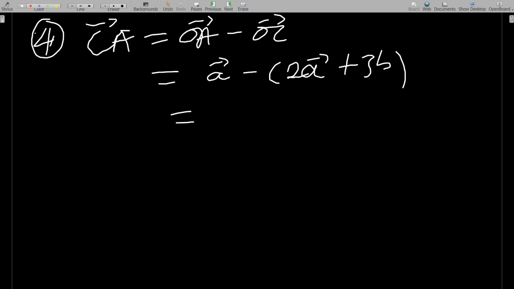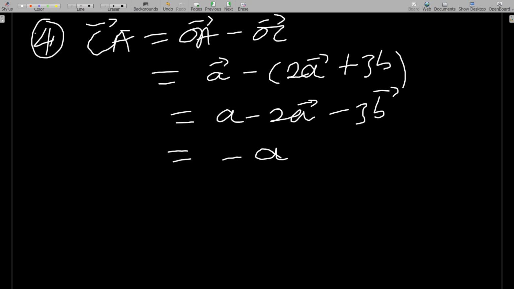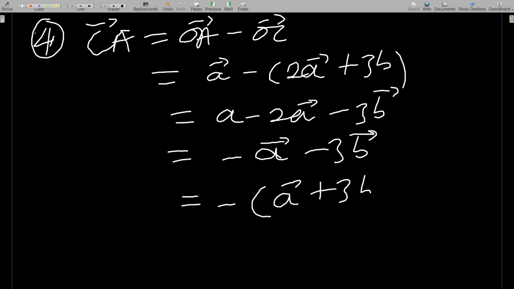So this whole thing will give you A minus 2A minus 3B, and this gives minus A minus 3B, because A minus 2A is minus A. And I can go ahead and write this as minus into A plus 3B. So that's the solution to that particular question.